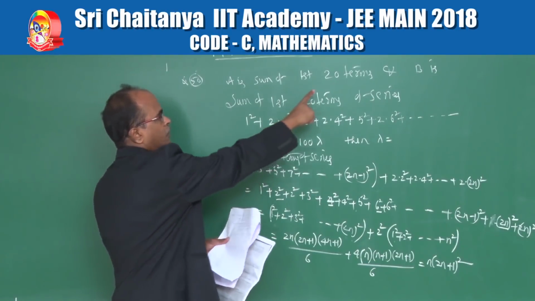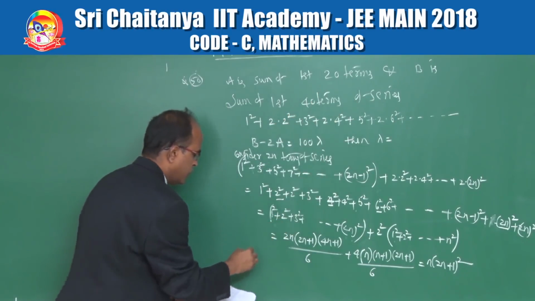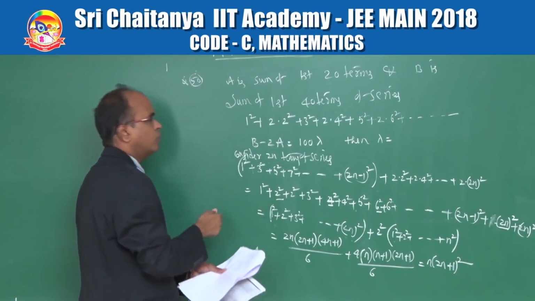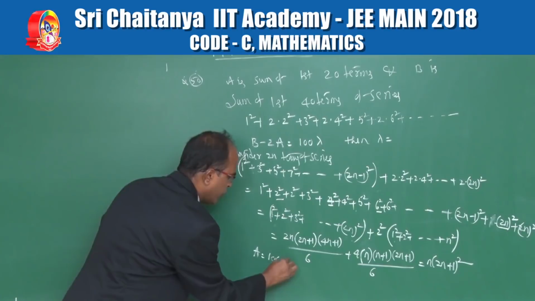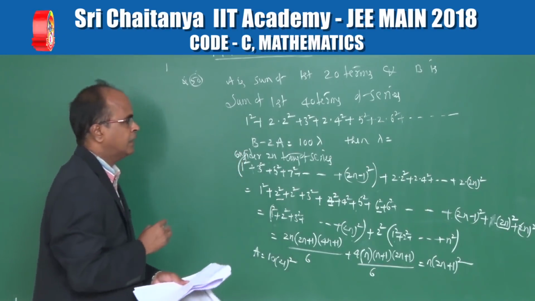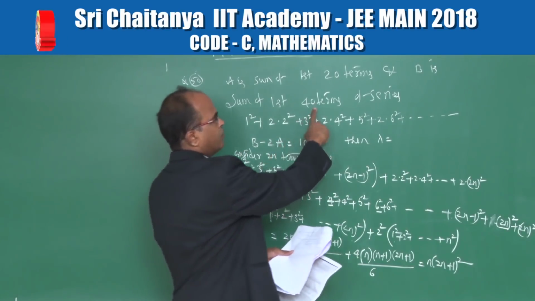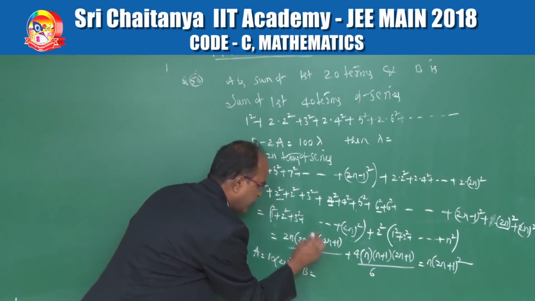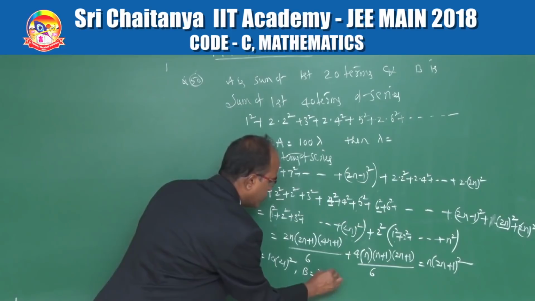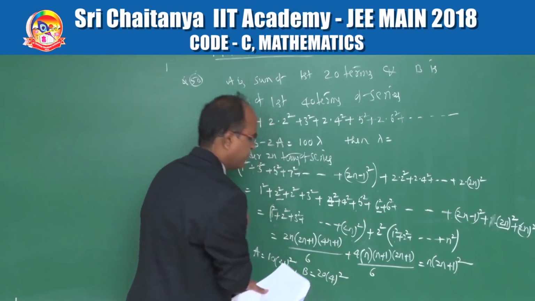Therefore if you want to get the sum of the first 20 terms, namely A, we have to put n equal to 10, and that will give you 10 into 21 whole square, and if you want to get the sum of the first 40 terms, you put n equal to 20, giving you 20 into 41 square.